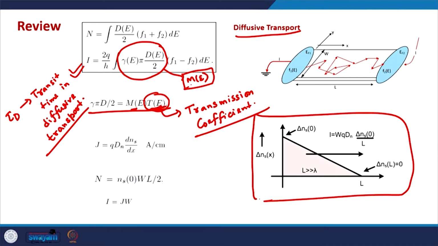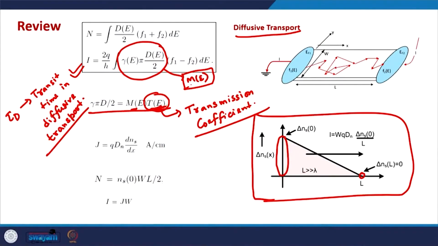We have excess of electrons on the left side, which is the source contact side. We have a low concentration on the drain side, and because of this concentration gradient in the device, the electrons will travel from the source side to the drain side.